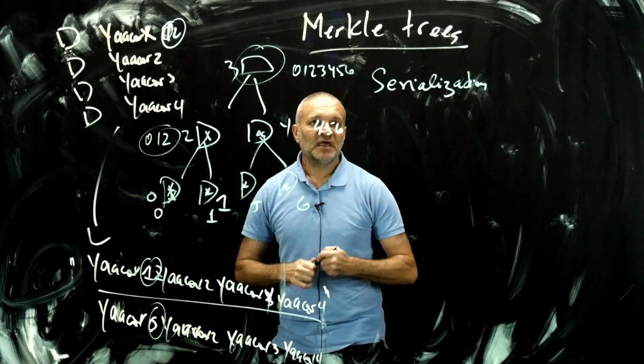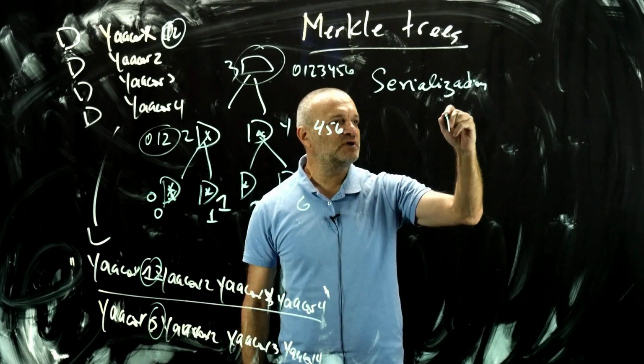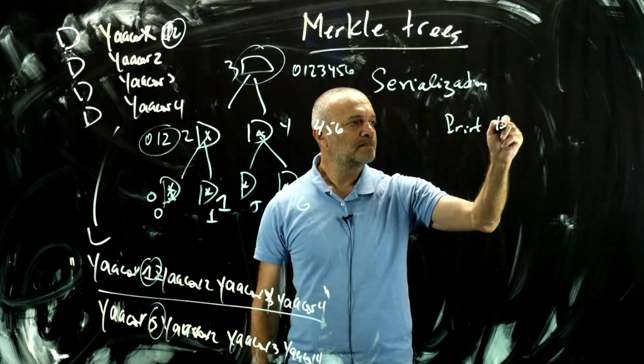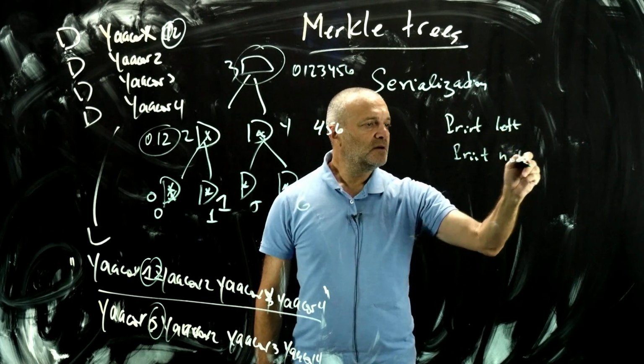If you think about this, for quicksort we had print left, print node, print right.